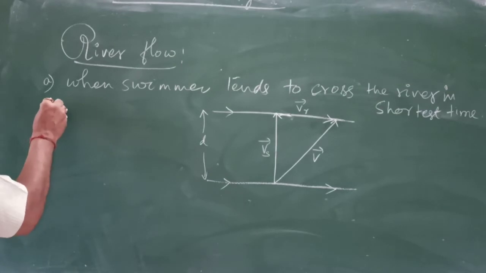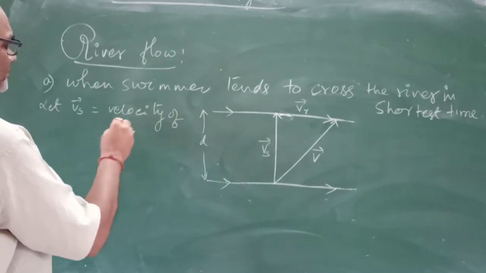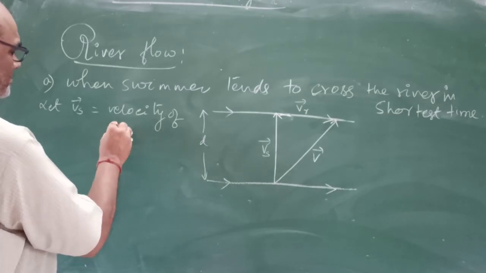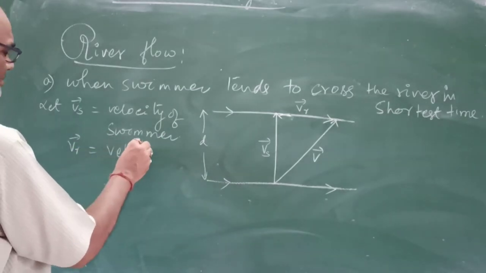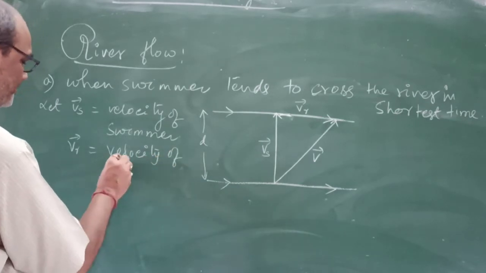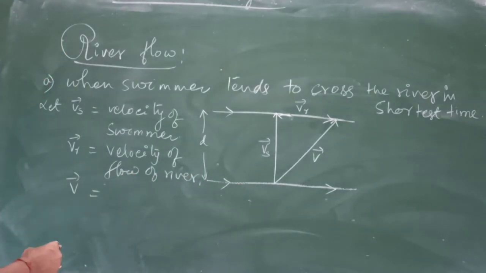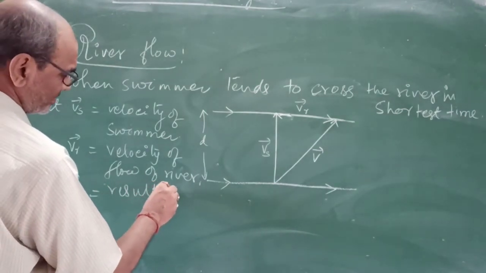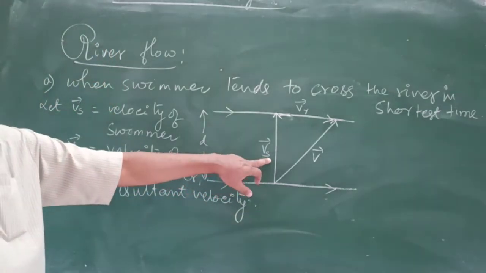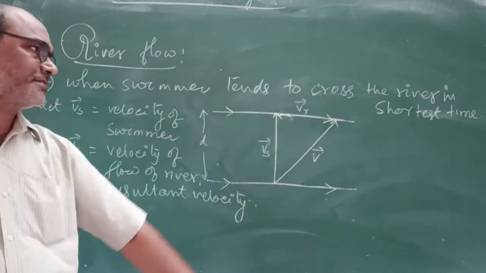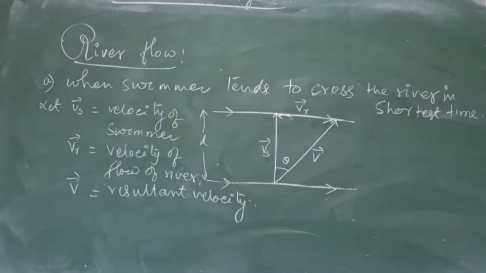Therefore, we assume that Vs is the velocity of swimmer, Vr is the velocity of flow of river, and V is the resultant velocity. Theta is the angle between the resultant and velocity of swimmer.